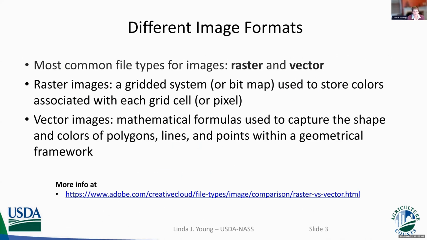For vector images, mathematical formulas are used to capture the shape and colors of polygons, lines, and points within a geometrical framework. You'll see here more info with a link to a website. We'll have this on several slides. These links provide introductory discussions of the concepts on the slide, and you may find them useful for later.